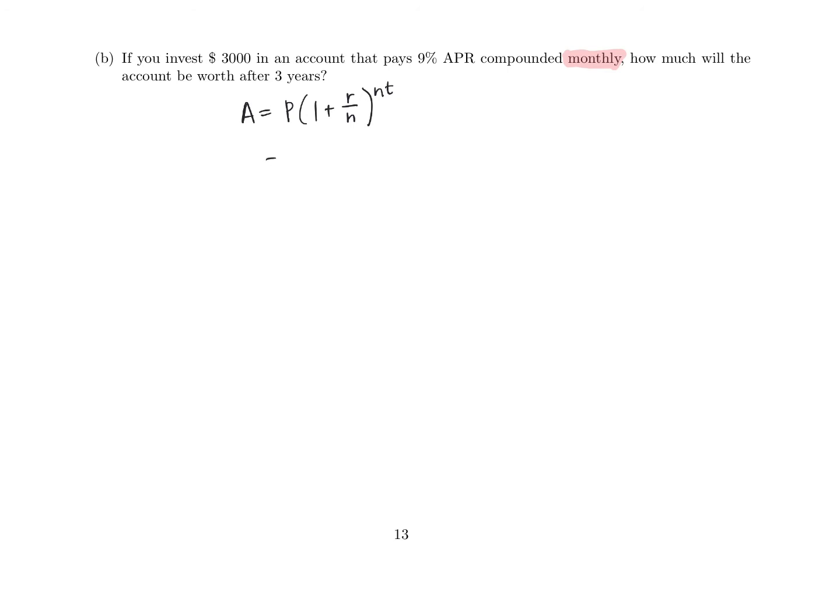So again, we have the principal is 3,000. The rate is 9%, so 0.09. If it's compounded monthly, that's 12 times per year. So the N is 12 and the T is 3. So when we plug that in our calculator, we will get $3,925.94.